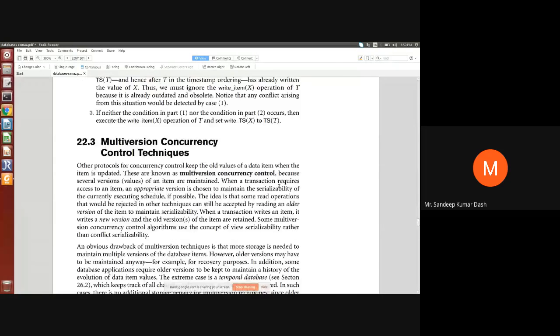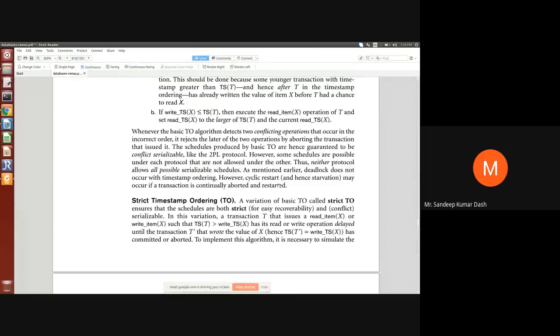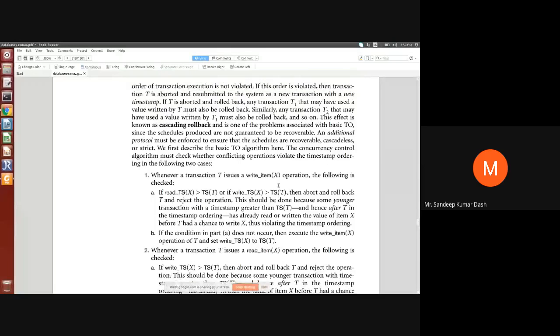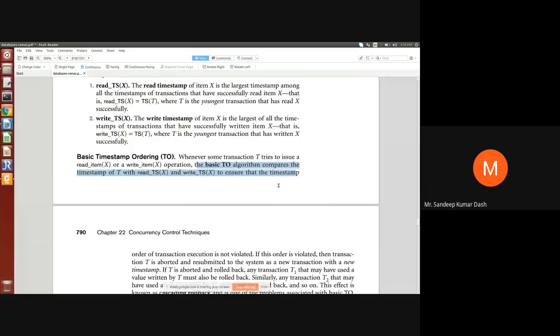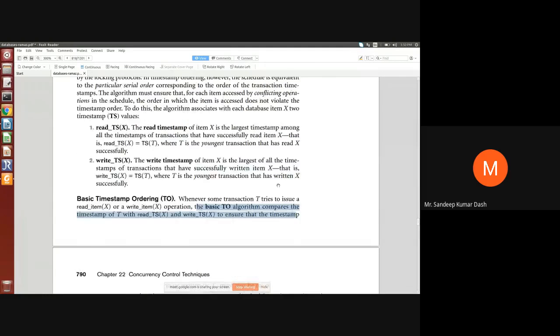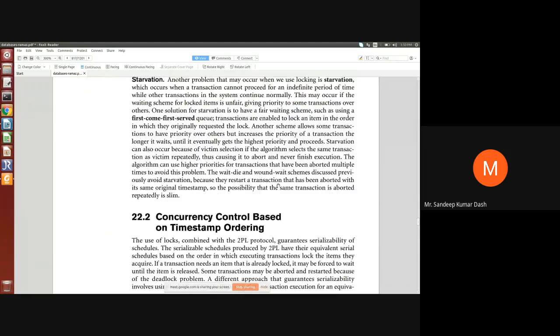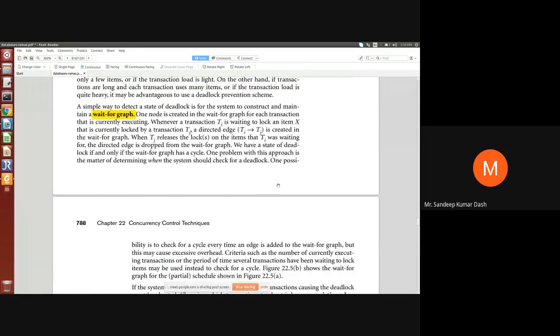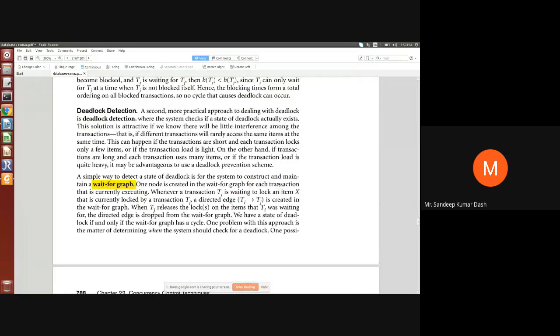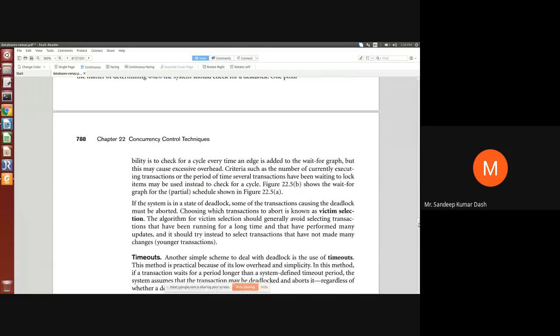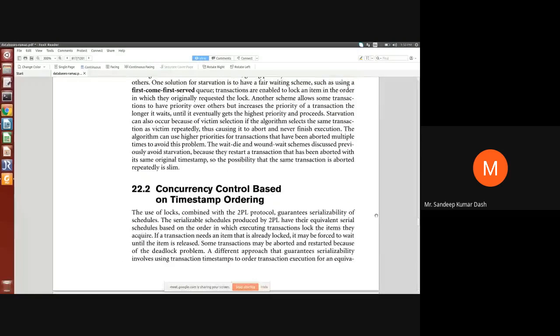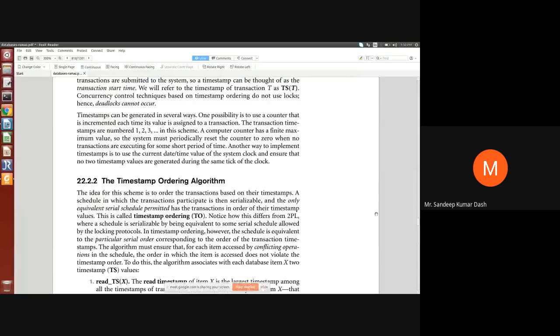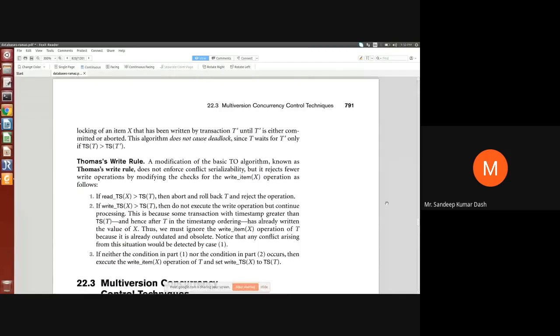So today's class is about the introduction to deadlock, how do you avoid it, then what is the timestamp, and how do you prevent the deadlock from happening. Those things.